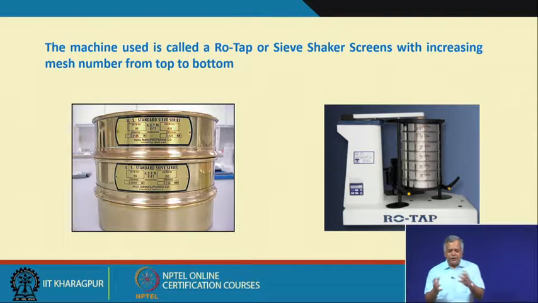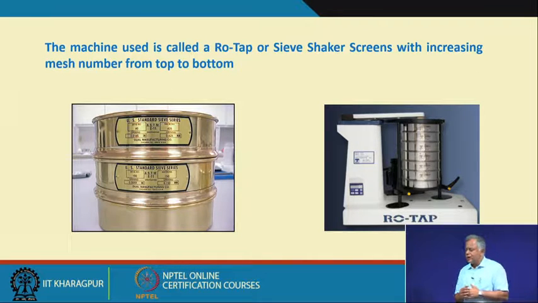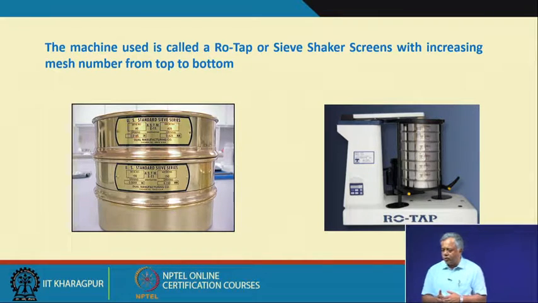And then we see how much material is retained, that is how much is the coarser particle whose sizes are more than 600 micrometers.